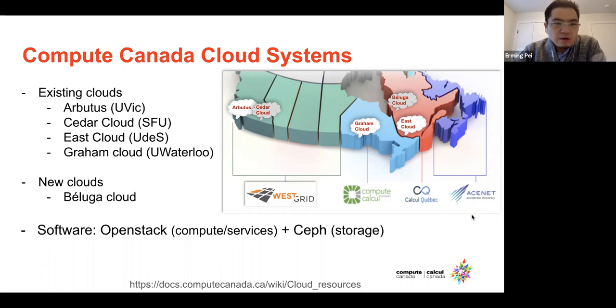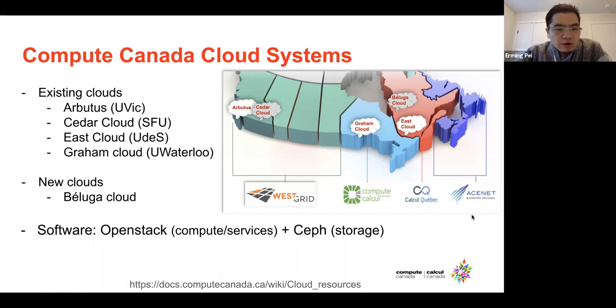We have East Cloud, but it's going to be decommissioned. It's at the University of Sherbrooke. Graham Cloud is at the University of Waterloo. There could be a new cloud soon. It's called Beluga Cloud.